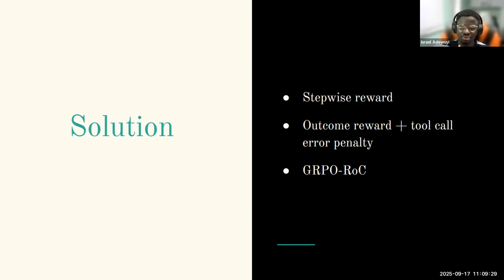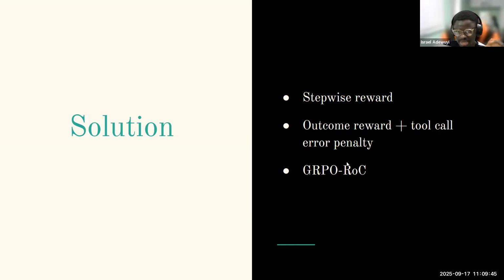But the authors decide not to go with either, and instead introduce GRPO Resample-on-Correct, or GRPO-RoC. This is the main algorithm introduced in the paper.